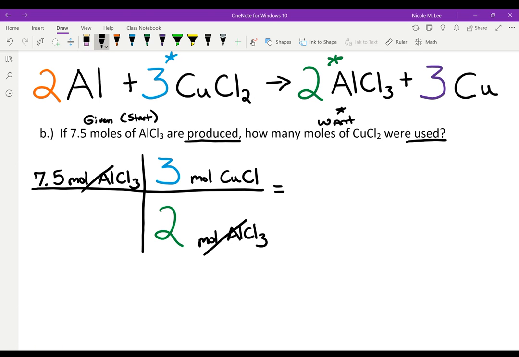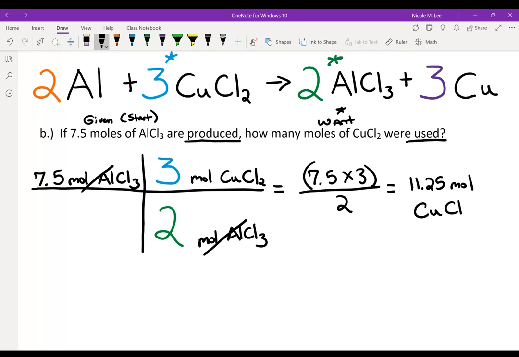You're left with moles of copper 2 chloride. I forgot the 2. So in your calculator, 7.5 times 3 divided by 2 is going to give you 11.25 moles of copper 2 chloride.